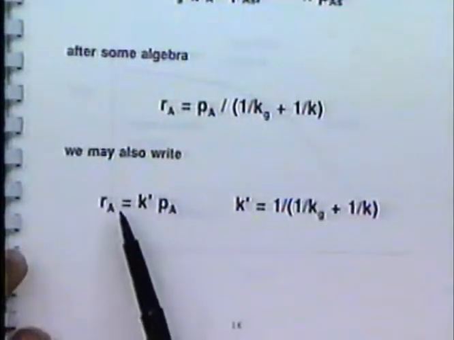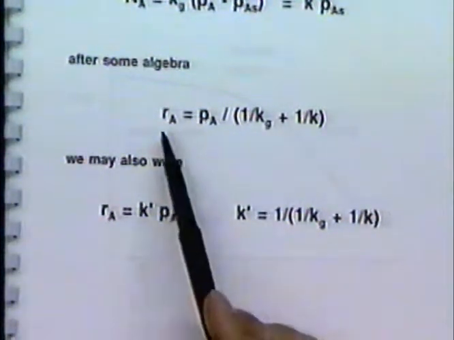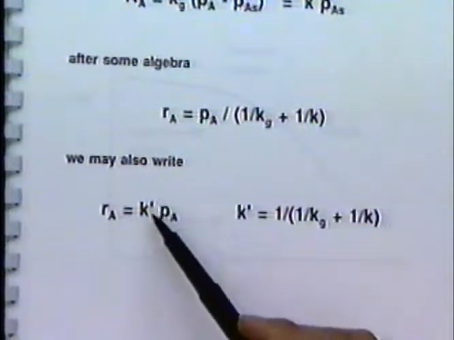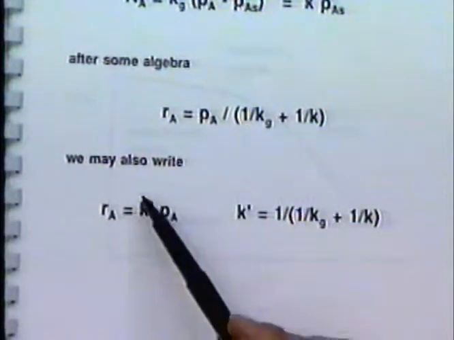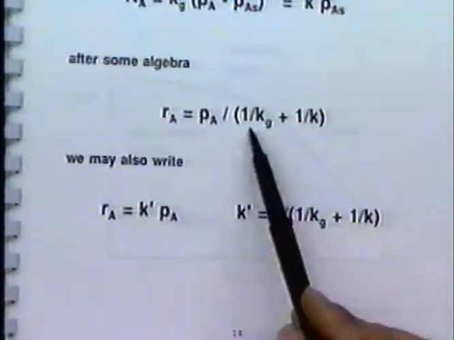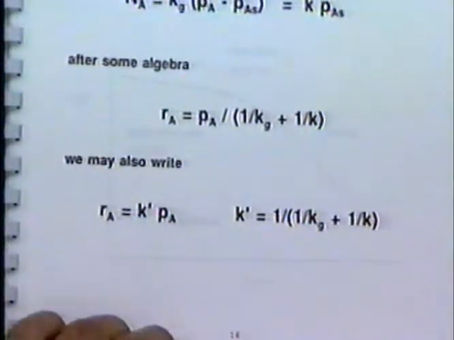Now, we may also write RA equal to K prime PA, and this K prime will lump these two rate constants in this way.